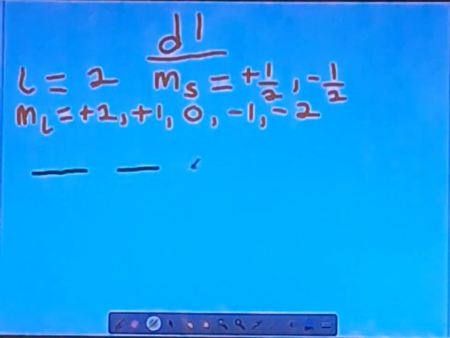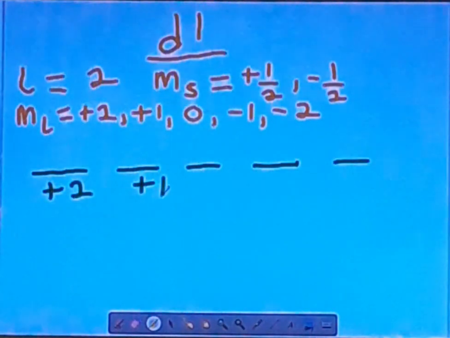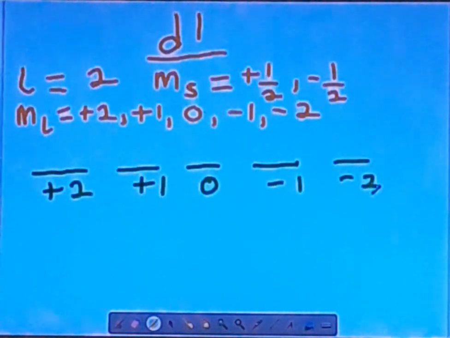So 1, 2, 3, 4, 5. Then we write down the magnetic quantum number of each orbital. Since we are dealing with a D1, meaning we have only one electron, so we fill the orbitals with only one electron. So we put a 1 electron here.